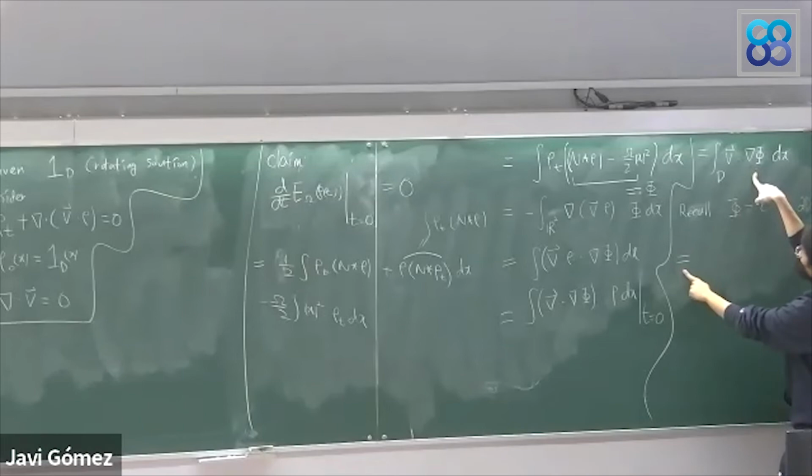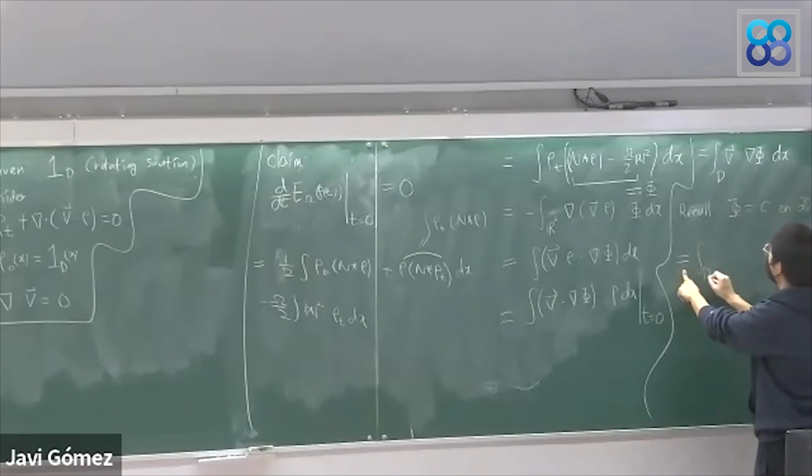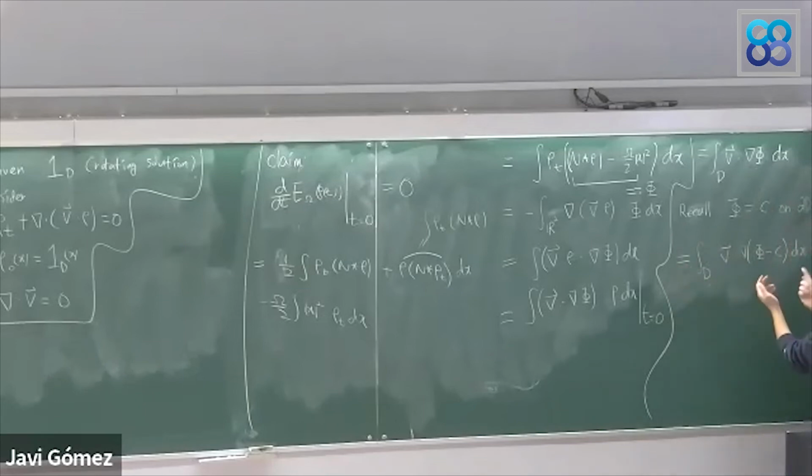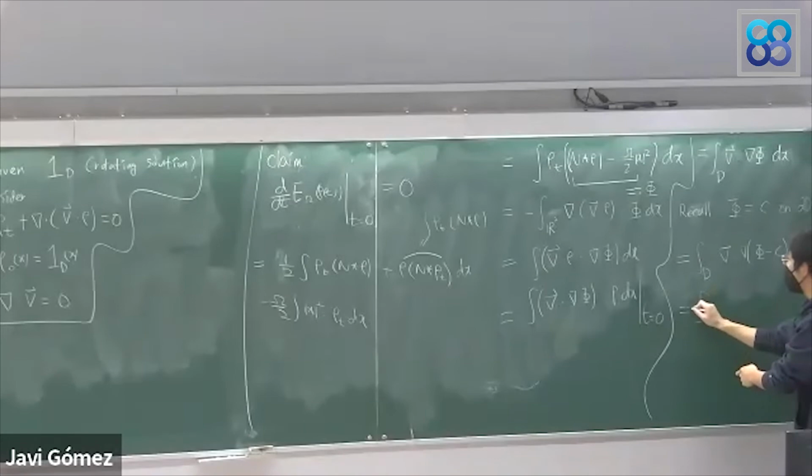So this quantity can be written as V times gradient of E minus C. So that this becomes completely 0 on the boundary, and this allows us to do another divergence theorem, integration by parts, and then we get negative. Okay.